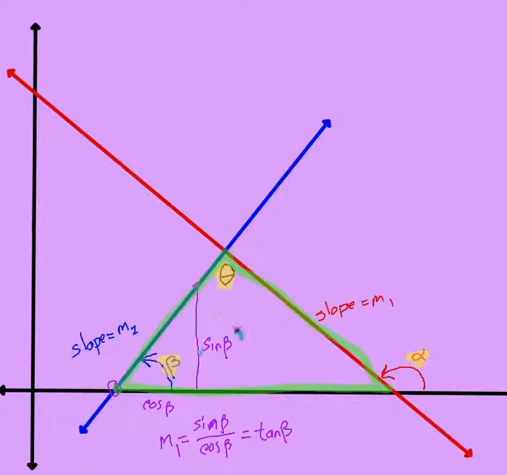The relationship between these three is, if you remember from geometry in the 9th grade, this is called the exterior angle. These are called the two remote interior angles.